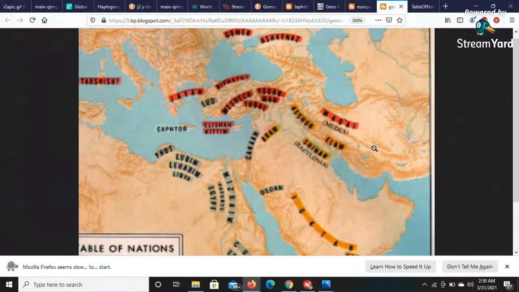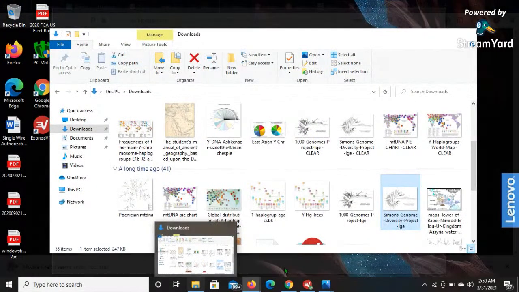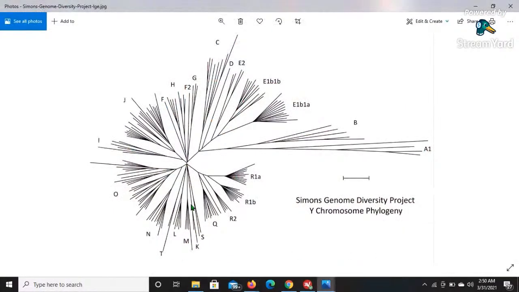Okay, so we can assume the Madai just kept going this way. So we'll just label this Madai as being, wait a minute, this one here. We'll say the Madai is the T or the K or the S. And we'll say who's going to be the Q and the R and who's going to be the O and N.